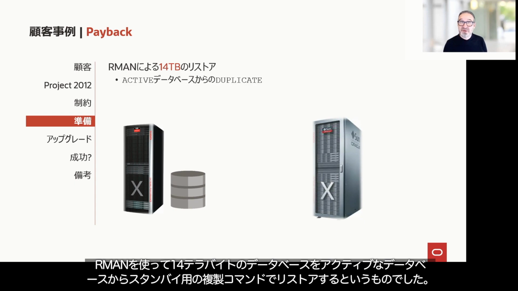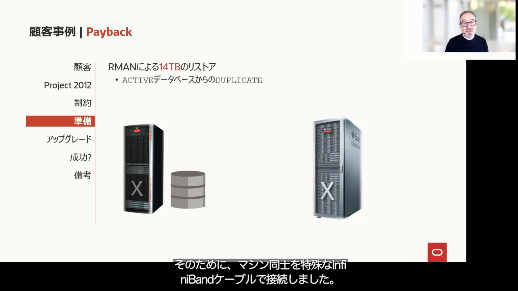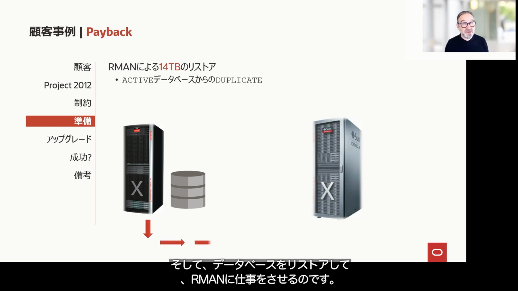The idea was we restore a 14 terabyte database with RMAN with the command duplicate for standby from active database. So in order to do that, the machines were cabled together with that special InfiniBand cable. And then we restored the database and let RMAN do the work.